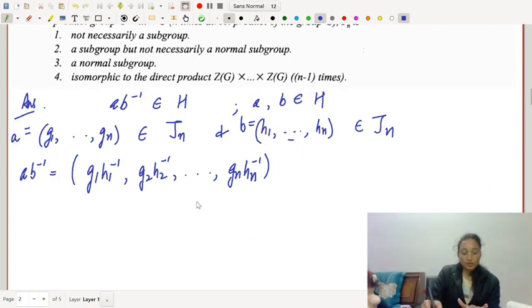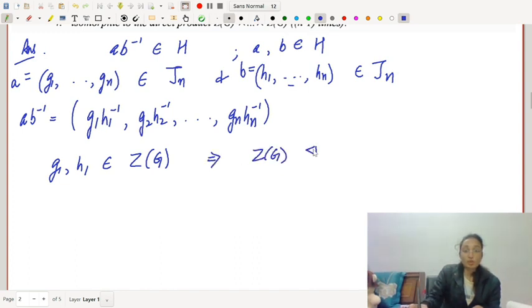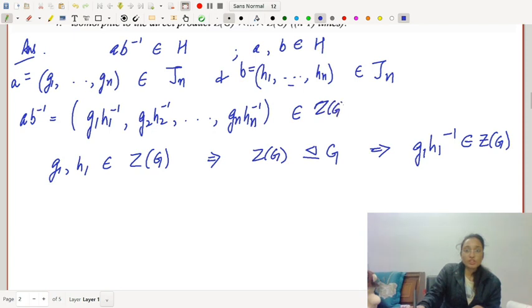Now, if g1 and h1 belong to the center of G by the definition of Zn, then since the center of G is a normal subgroup of G, it would imply that g1 h1 inverse belongs to the center of G. Hence, this element belongs to the center of G n times.